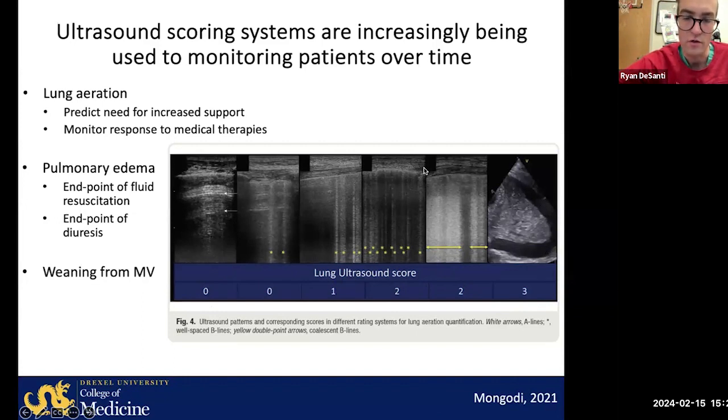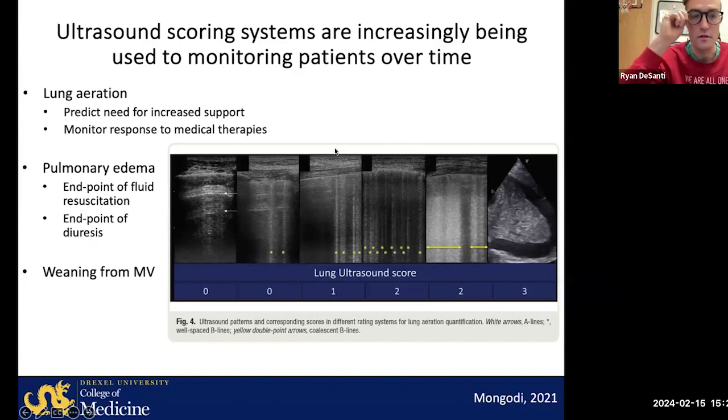And these are scored across 12 different regions: superior and inferior in the anterior region, superior and inferior in the lateral region, and then superior and inferior posteriorly, on both the right and the left, getting a score from 0 to 3.